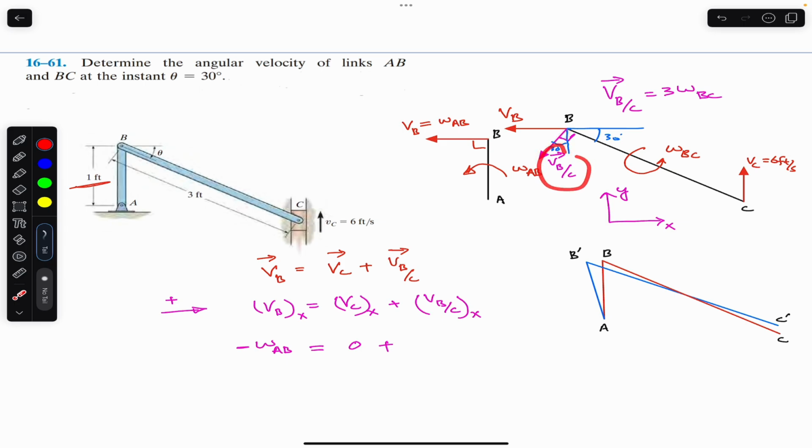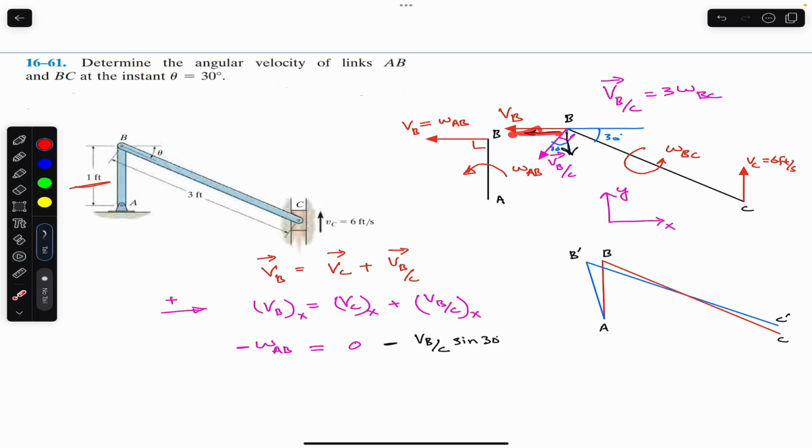So now we can resolve this velocity of B relative to C into its components. We will have one component in this direction, and one component in this direction. This one will be the cos component, this one will be the sine component. As we can see, this velocity has one component in the negative x, and this is the sine component. So that component is in the negative direction, so in this equation we will write minus velocity of B relative to C sine of 30 degrees.